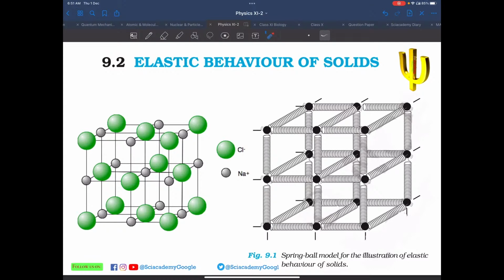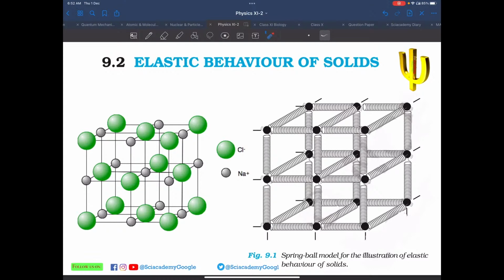The restoring mechanism also can be visualized by the spring ball model. Here you can see that balls are attached together by a system of springs. So each ball is connected to the others by a spring.